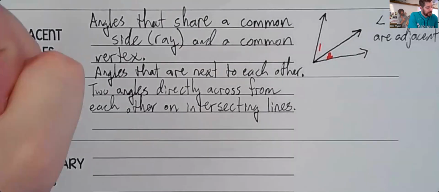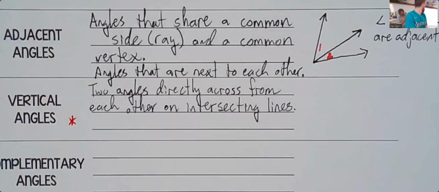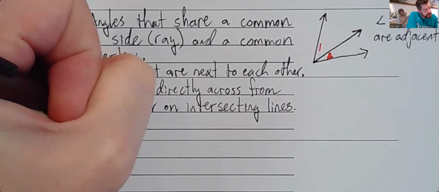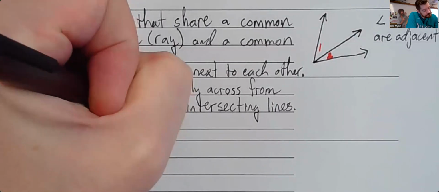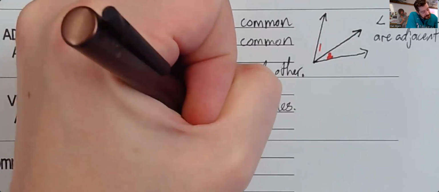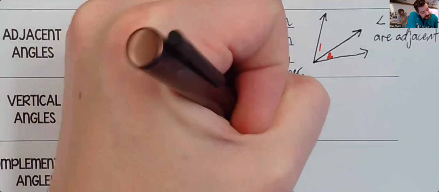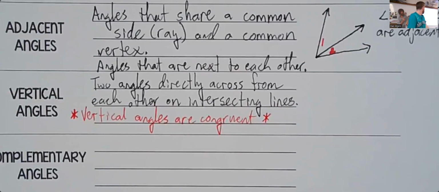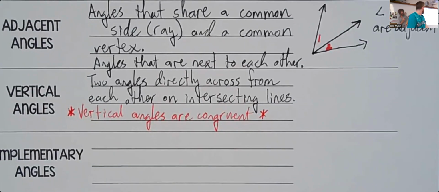So I'm going to do a red star here and say vertical angles are congruent. So that is something that you will use over and over and over again.